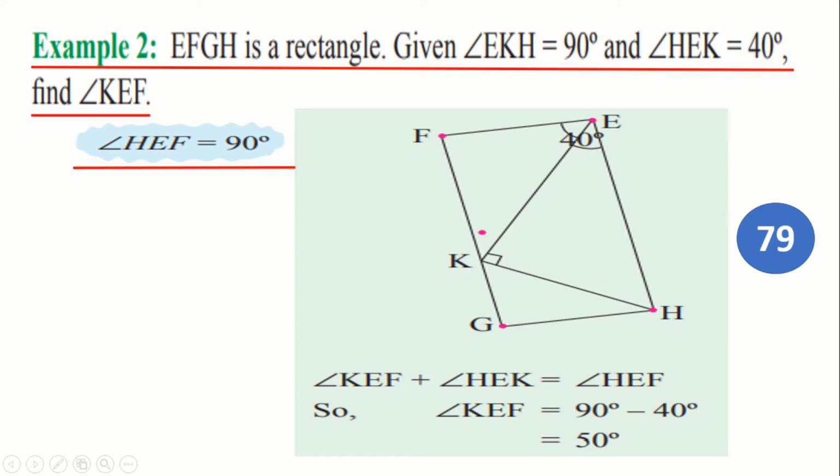If this is 40, you subtract it from the right angle, which is 90. Then angle KEF is 90 degrees minus 40 degrees. Your answer is 50 degrees.